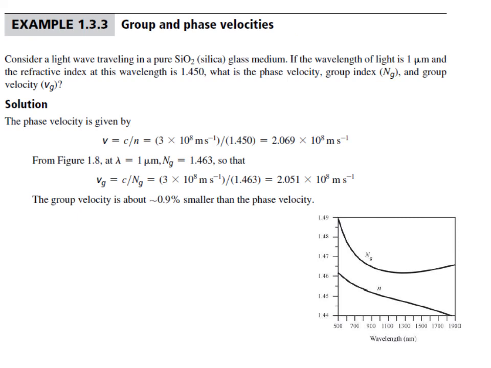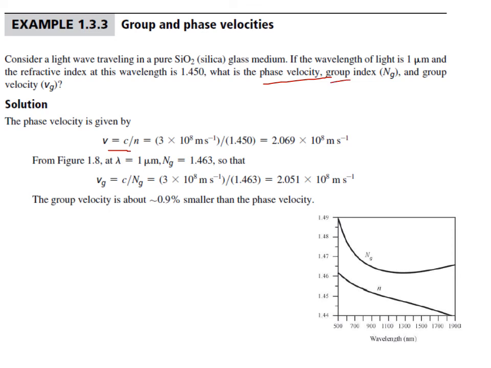So let's see a mathematical problem on group velocity and phase velocity. Consider a light wave traveling in a pure silicon dioxide glass medium. If the wavelength of the light is 1 micrometer, the refractive index at that wavelength is 1.450. Find the phase velocity, group index, and group velocity. For phase velocity, we know that c by n gives the phase velocity.